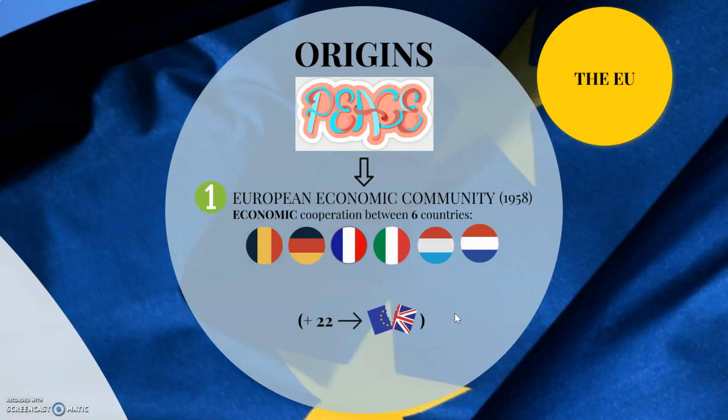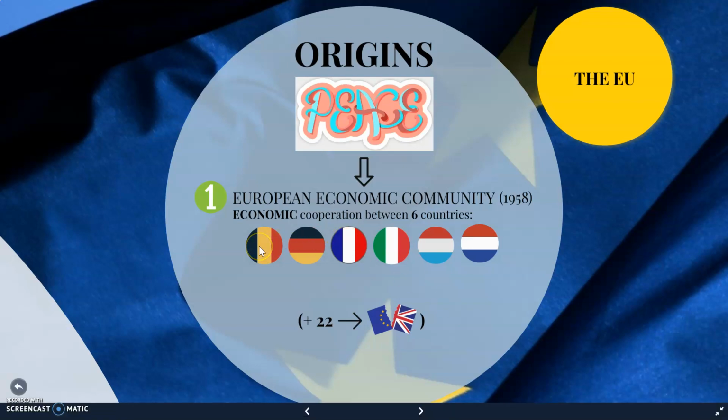The result was the European Economic Community created in 1958 with the initial aim of increasing economic cooperation between 6 countries: Belgium, Germany, France, Italy, Luxembourg, and the Netherlands.